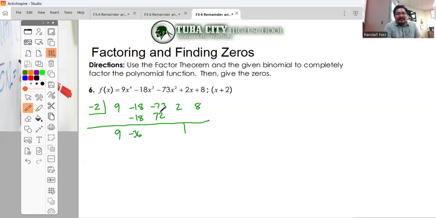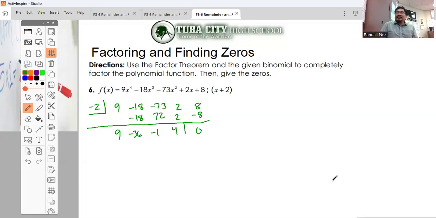36 times 2 is 72. Minus 73, so that'd be -1. Negative times negative is positive, so that'd be a 2. 2 plus 2 is 4. Take that and multiply it by -2, and you get -8, which again gets us a 0. So that's a little bit of a relief because we did that part right.